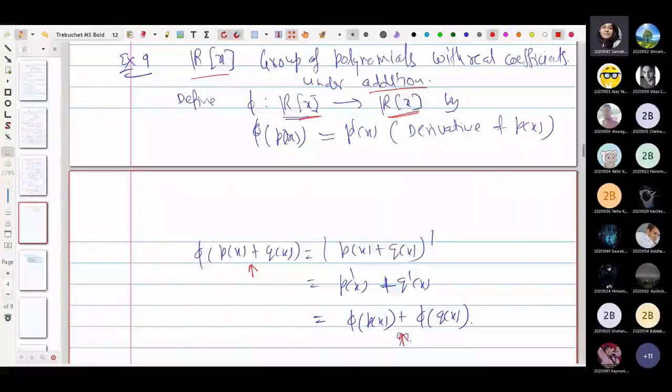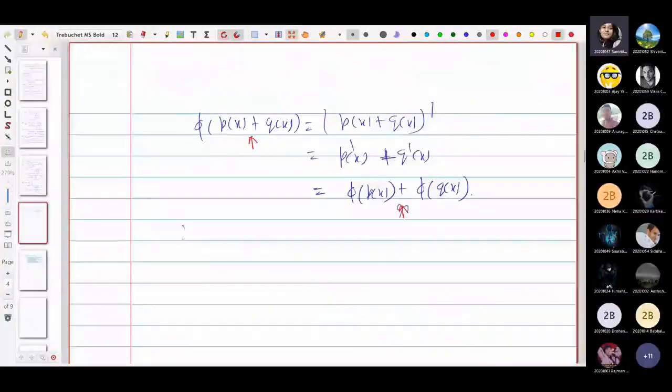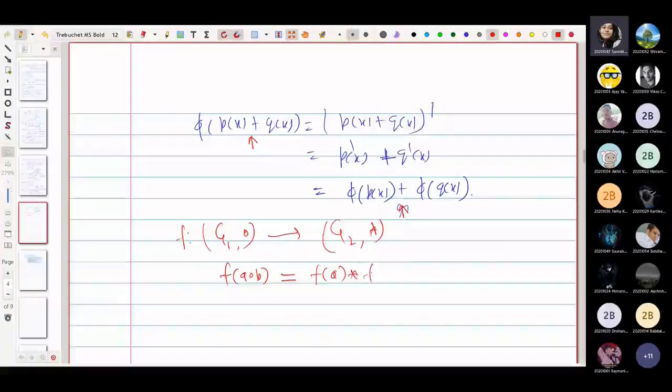If you have G1 with some operation, and G2 with operation star, whatever we take on the left side, A composition B, will equal f(A) star f(B). Fortunately here this star and this composition are both the same, that is addition. So why do we need multiplication on the right hand side?